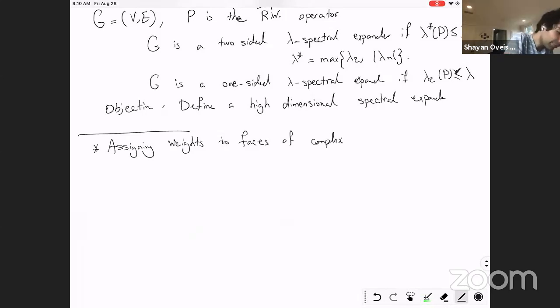So let me work with the same clique complex I was defining above. I tried to copy it, I couldn't for some reason, so let me just write it down again.